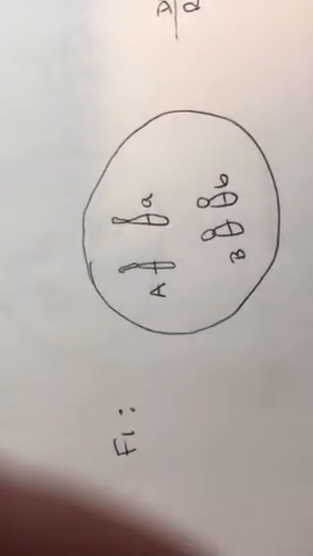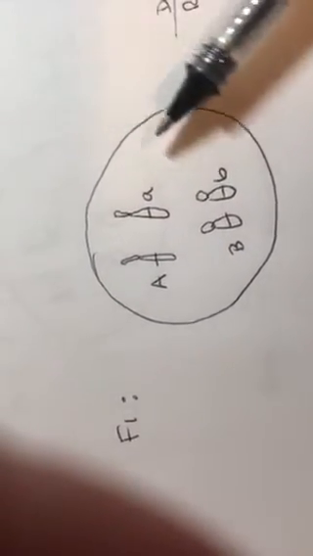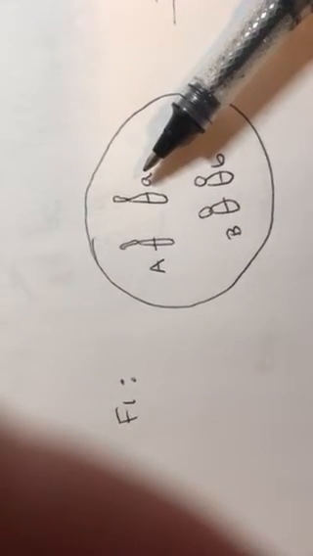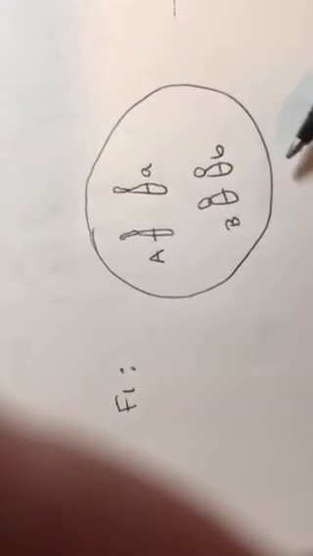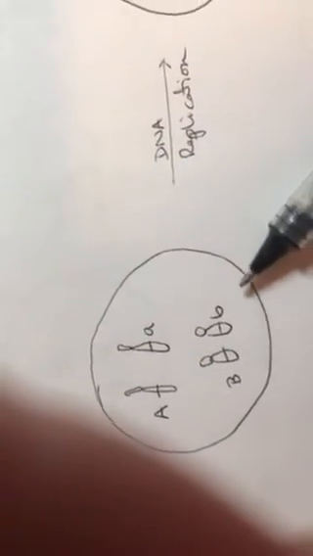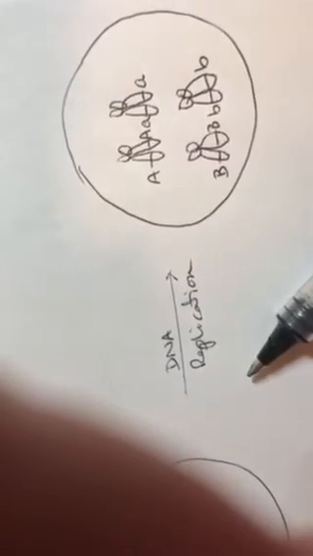So I'm going to put the two different alleles for the gene of A on one chromosome and the two alleles for gene B on the other chromosome.